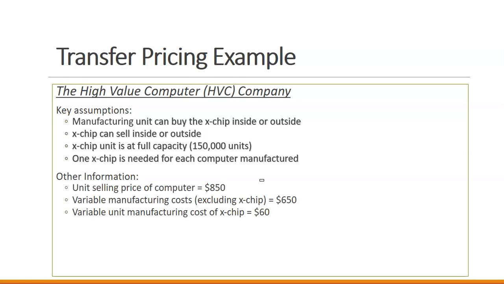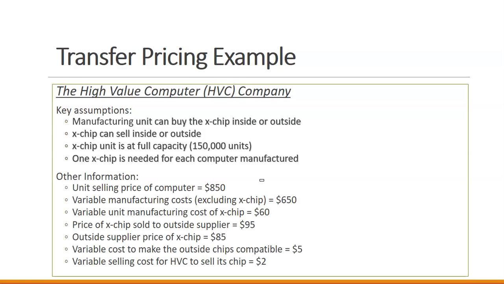So when we look at this organization, we have to think, can this chip be purchased outside of the company, or can we only get it from internally? Are they at capacity or not?